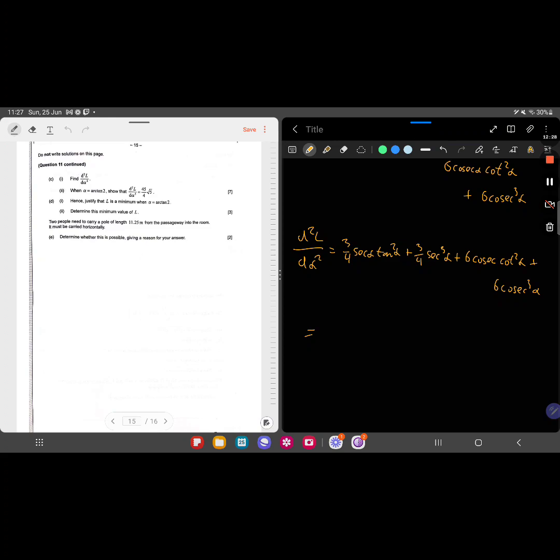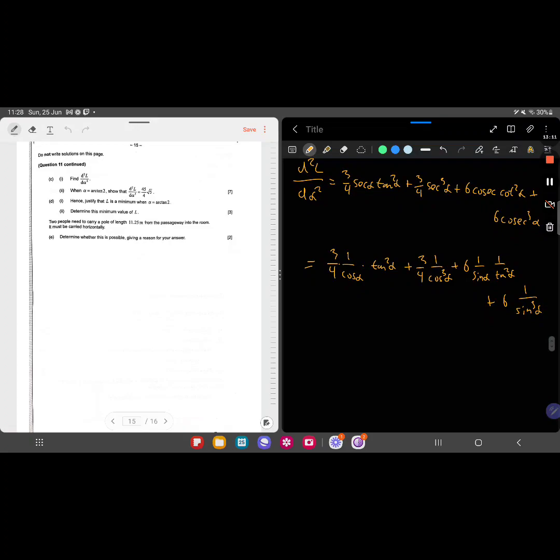We have 3/4 sec, since sec is one over cos, times tan squared alpha plus 3/4 times 1 over cos cubed alpha, plus 6 cosec, which is 1 over sine, times cot, which is 1 over tan squared alpha, plus 6 times 1 over sine cubed alpha, when alpha equals arctan 2.